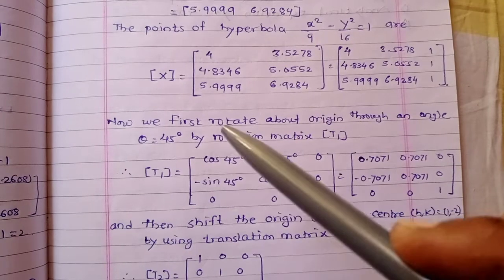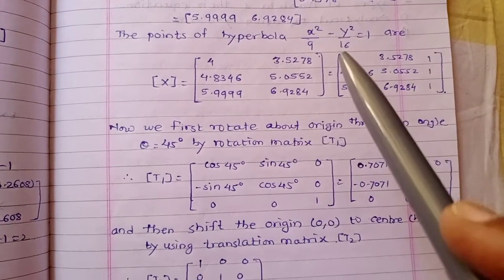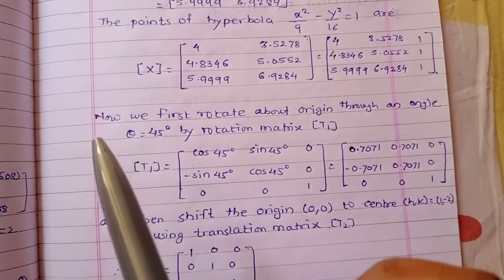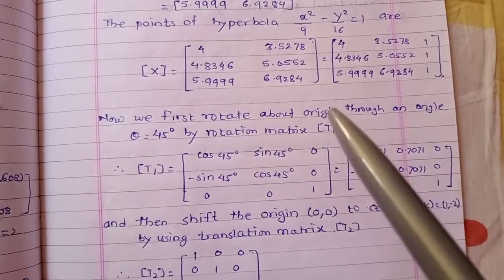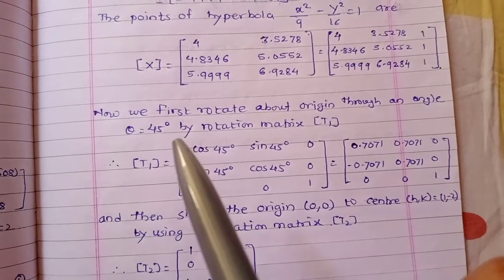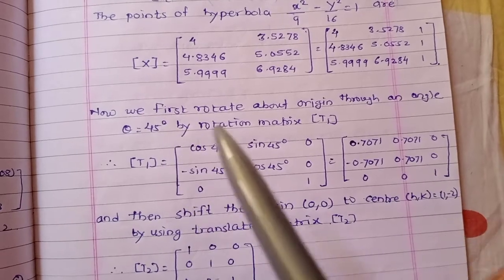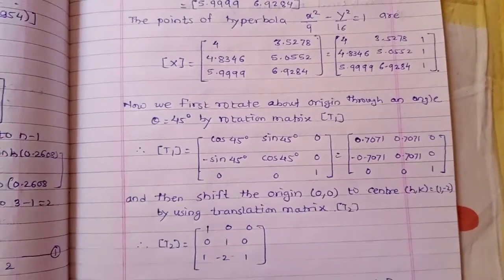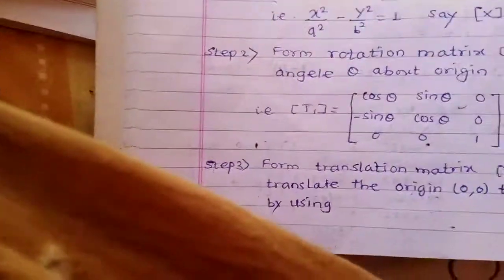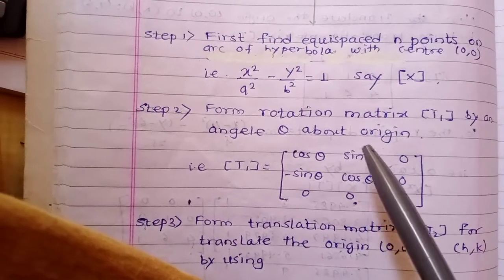Now we first rotate. The first step of the algorithm is completed. Next, we first rotate about the origin through an angle theta equal to 45 degrees by a rotation matrix T1. In our algorithm's second step we write down the rotation matrix T1 by an angle theta about the origin.